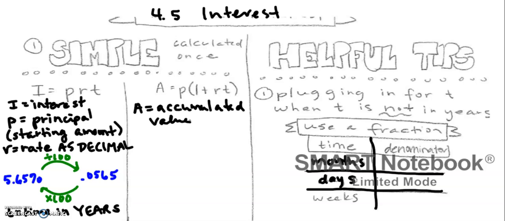So another way of thinking about that is A equals P, which was the principal amount, plus the interest I. But we just learned that I is PRT, so I'm actually going to replace that I with PRT.